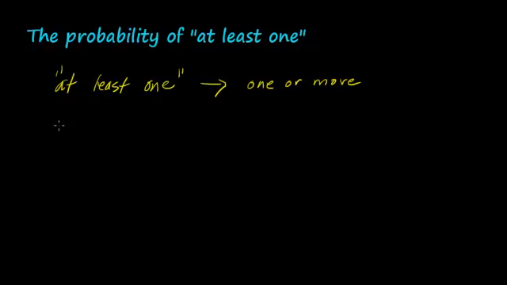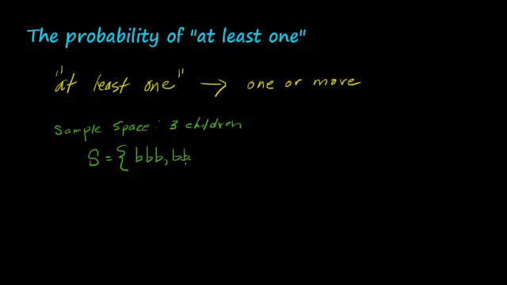Okay? So first let's consider the sample space for 3 children. Remember, we could have all 3 boys, or the first 2 boys and then a girl, or the girl could be the middle child, or the oldest child.